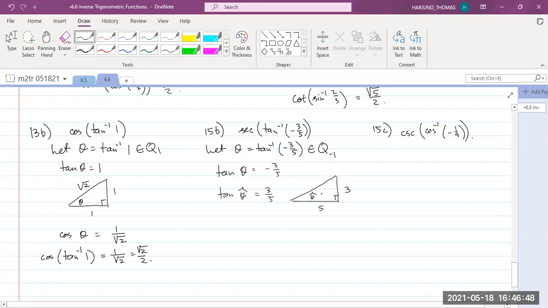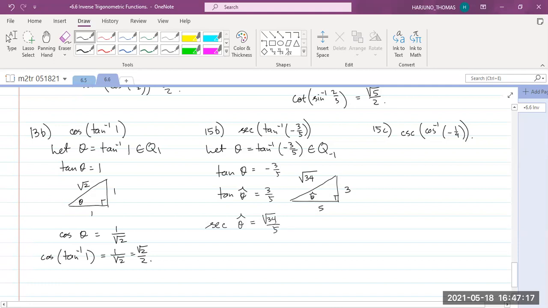3, 5. That will be square root of 9 plus 25, 34. Okay, now secant of theta hat is square root of 34 over 5.